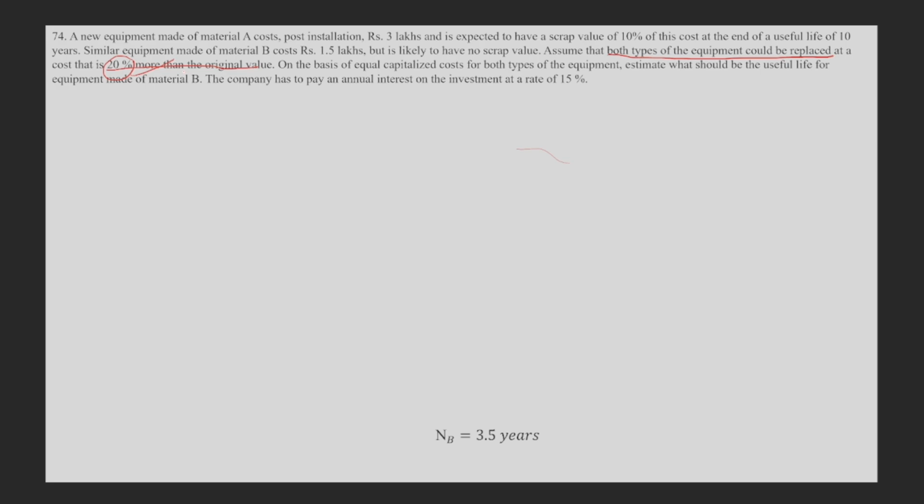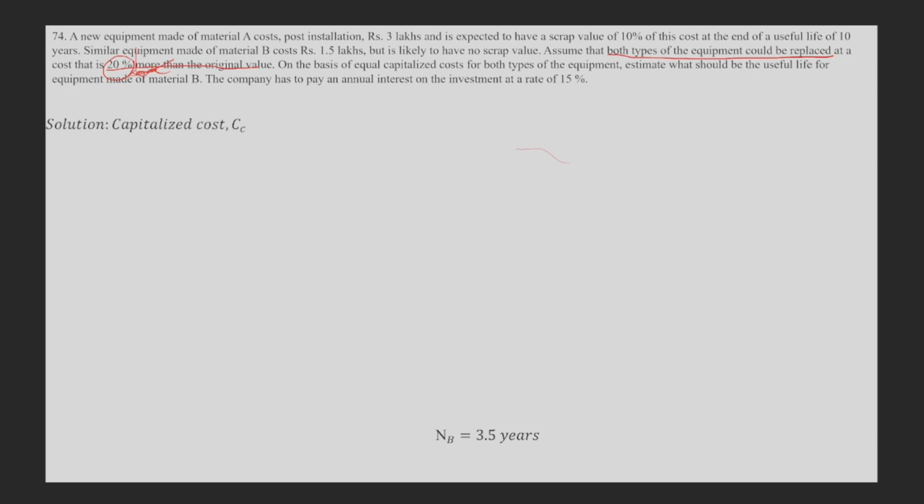This line is only to make you fall into a trap. It will not come anywhere, because we are capitalizing the equipment. On the basis of equal capitalized cost for both types of equipment, estimate what should be the useful life for equipment made of material B. The company has to pay an annual interest rate of 15%.